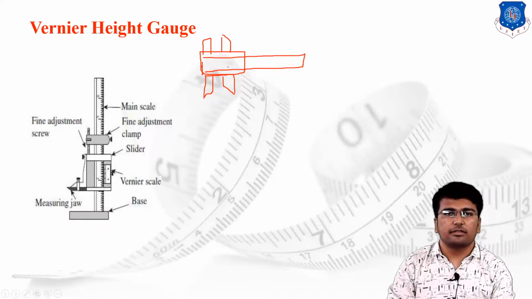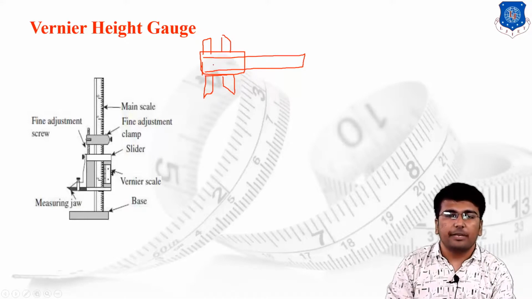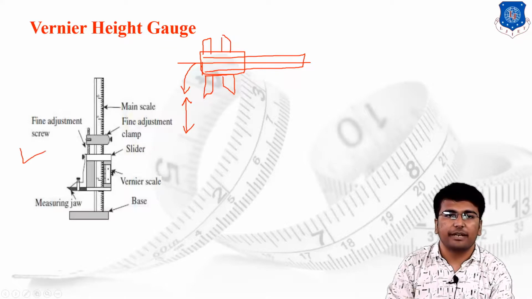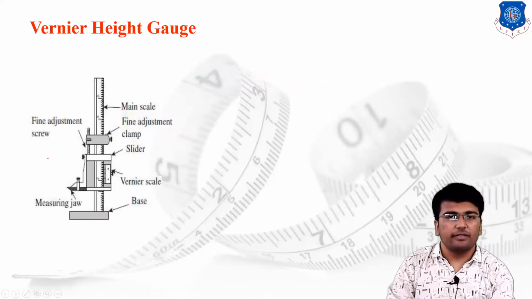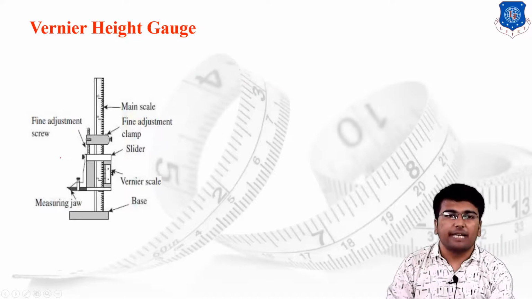If you take this horizontal frame and convert it into a vertical section, then I can say that this is the vernier height gauge. What we have done is simply transfer the horizontal frame of the vernier caliper into a vertical structure. Then the vernier height gauge has been generated.